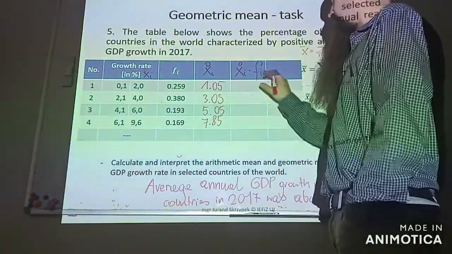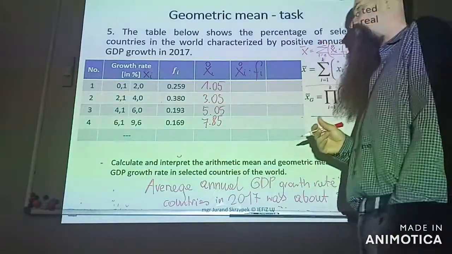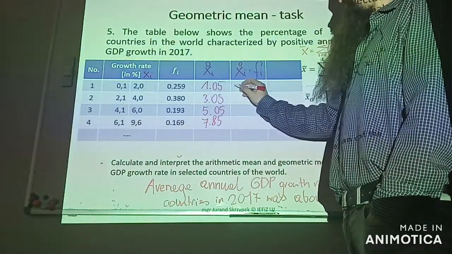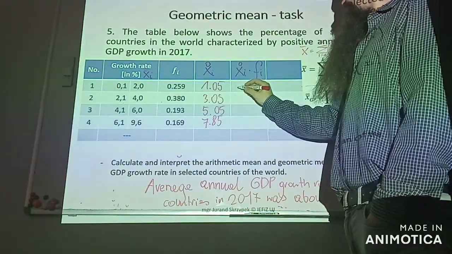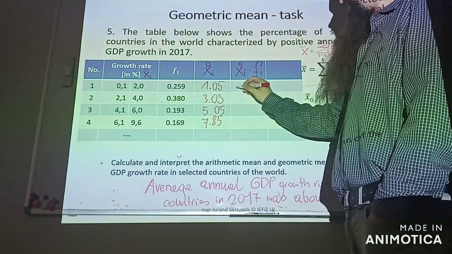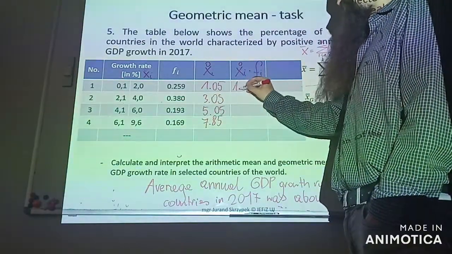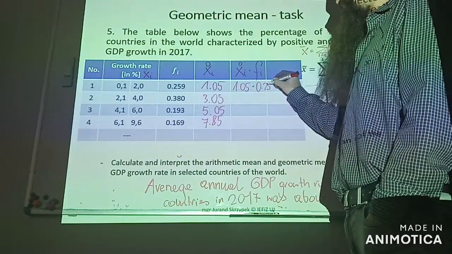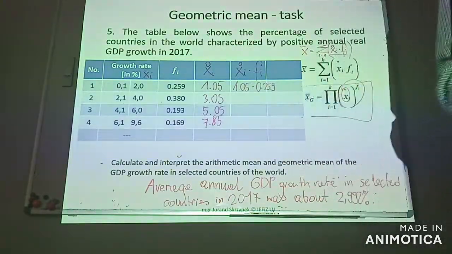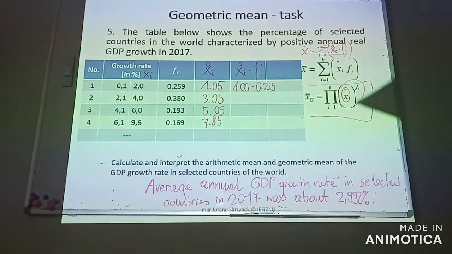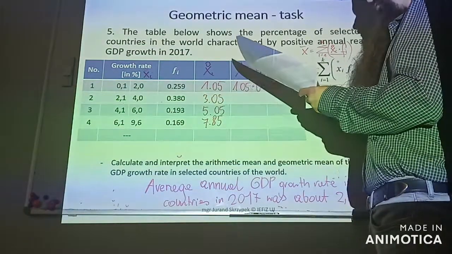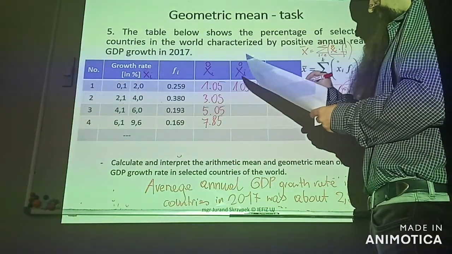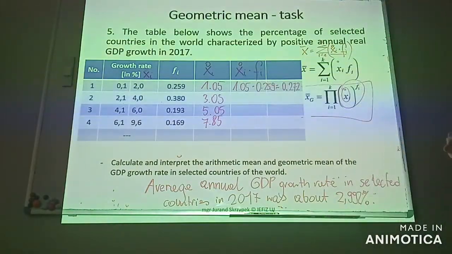Let's go back to the column of the product of the middle of the classes and relative frequencies. So in the first row we multiply 1.05 by 0.259, and the result is about 0.272.